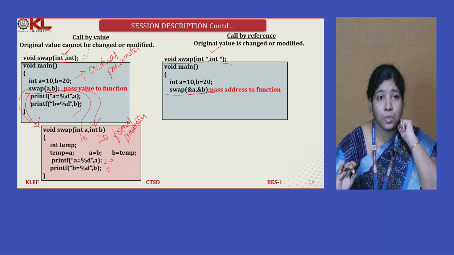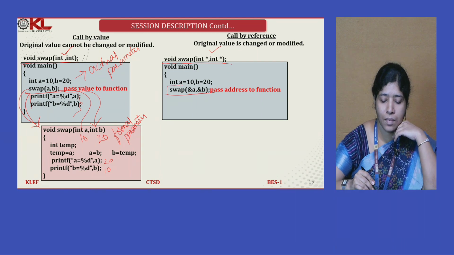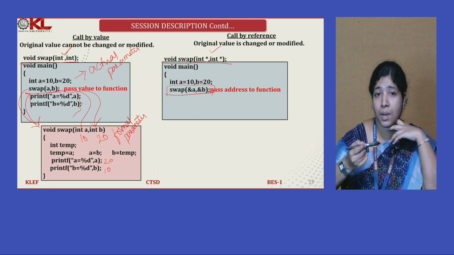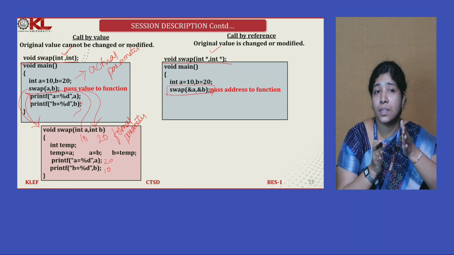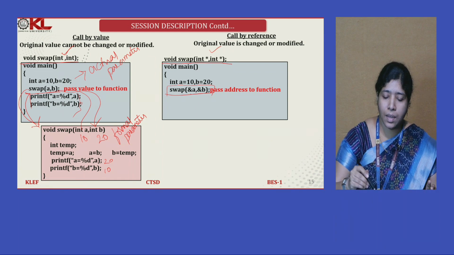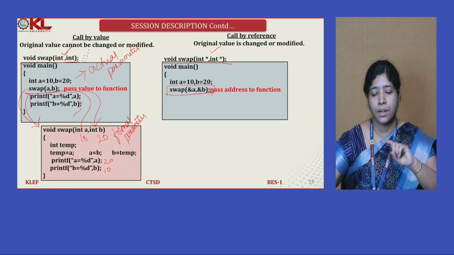I pass the inputs just as A and B. Can you see here? The function name is swap, and inputs I am passing in such a way that I am passing the address of that variable there. That means the moment you are giving the address here, whatever you are doing there should be reflected in the main method.